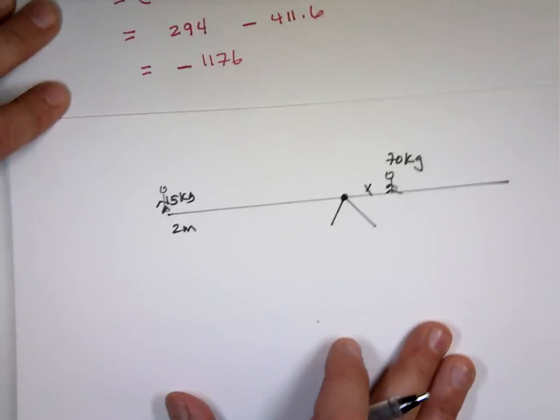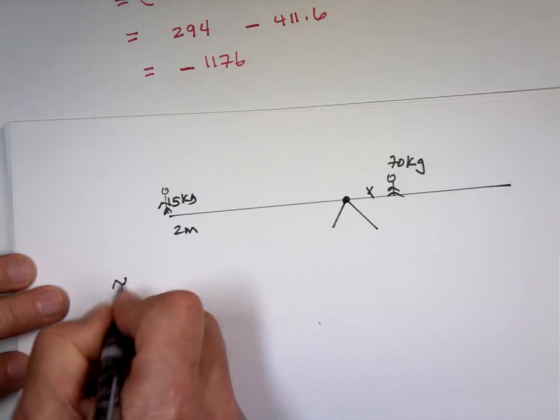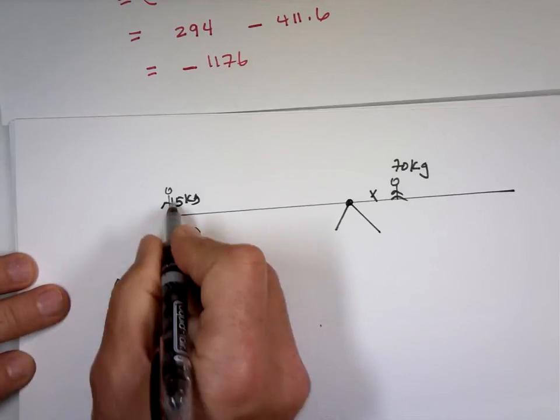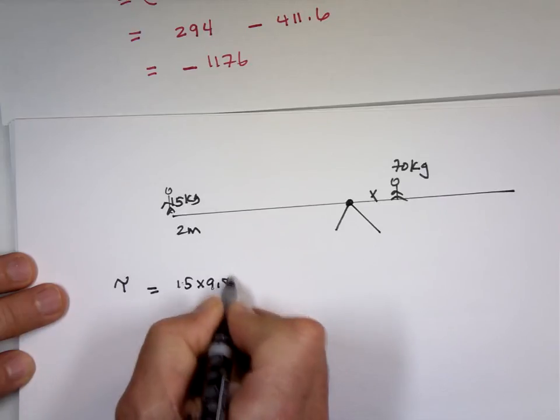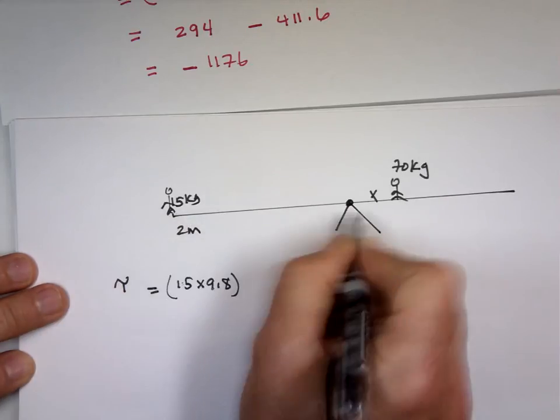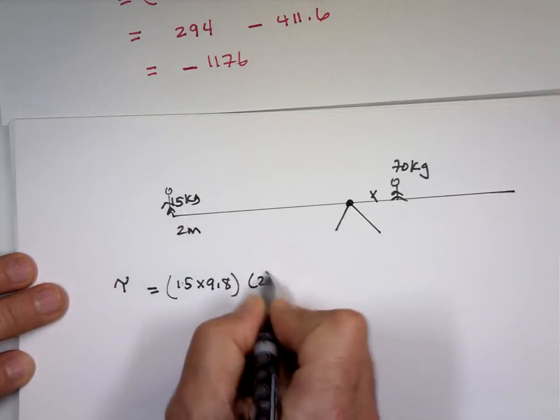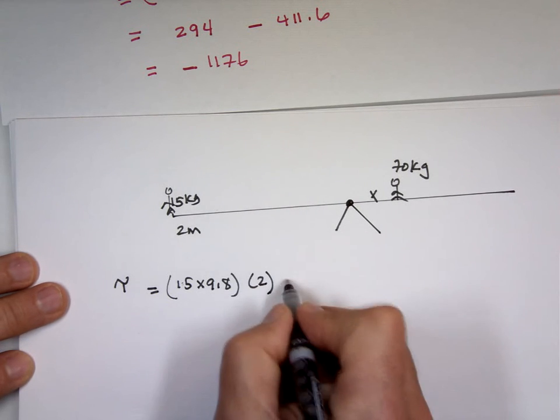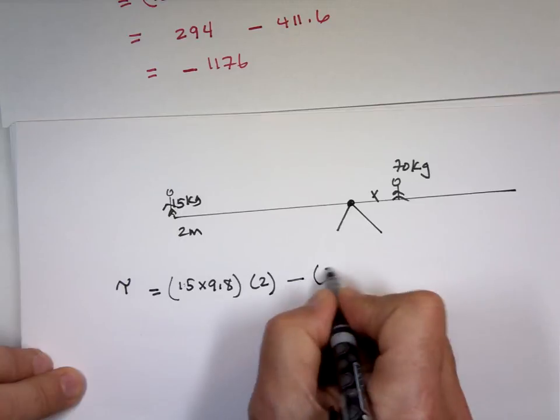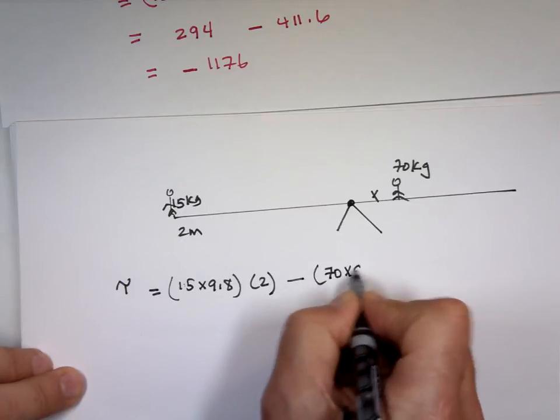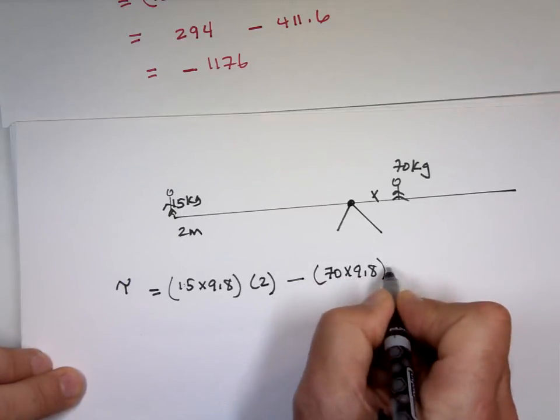So the torque will be, again, the weight here, which is 15 times 9.8, times the distance from here to there, which is 2. This will be a minus, because that will make it move clockwise. Plus the weight of yours, which is 70 times 9.8, times the distance from here to there, which is X.